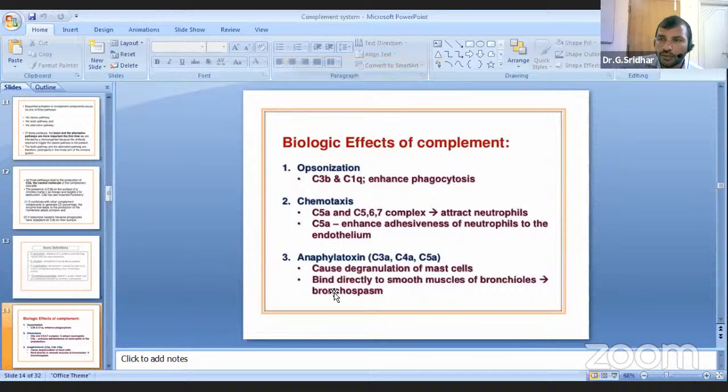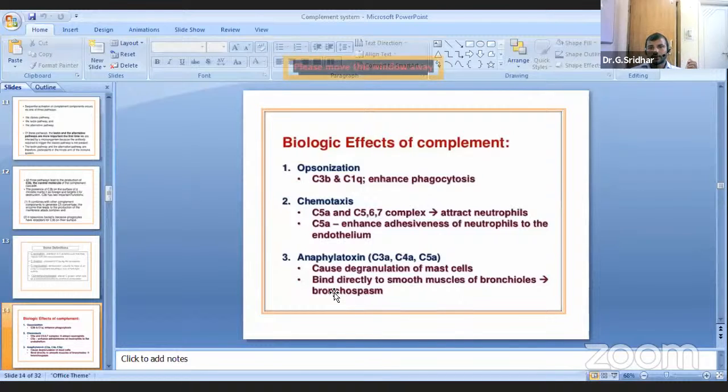Because if you see type 4 hypersensitivity and type 3 hypersensitivity, some of the immune cells directly have access to complement protein related receptors like C3b and C1q, and enhance phagocytosis. That means if your bacteria is attached with the antigen-antibody complex, and this complex is attaching with C3b or C1q, they can enhance the phagocytosis of the particular pathogen.